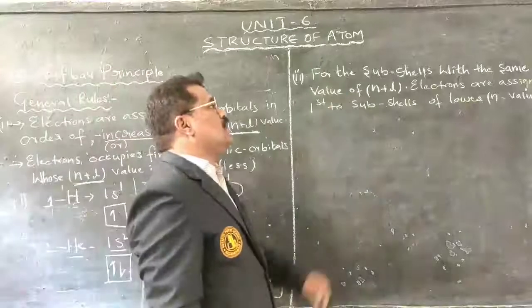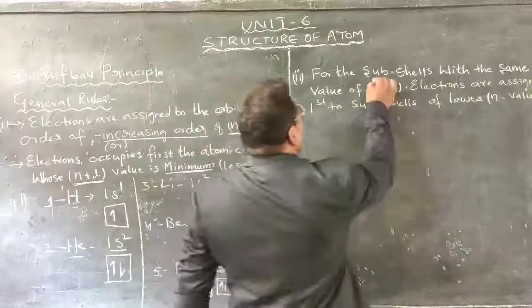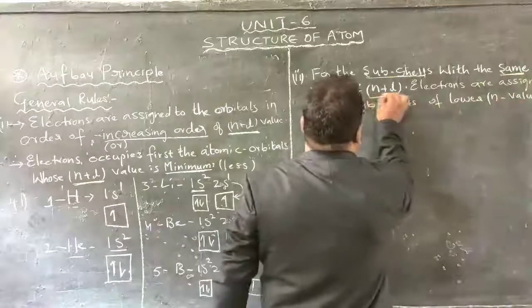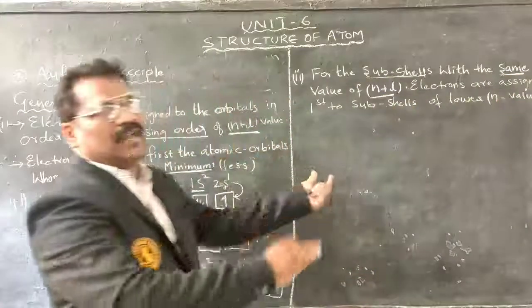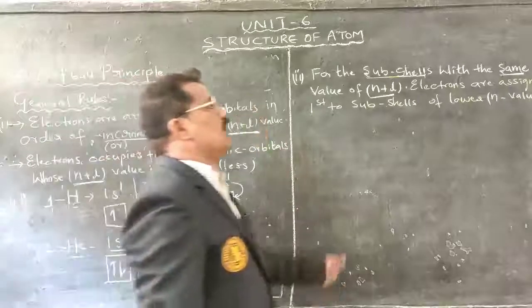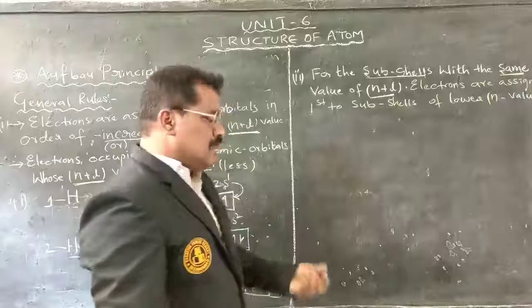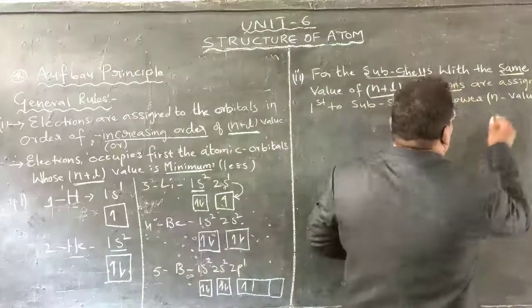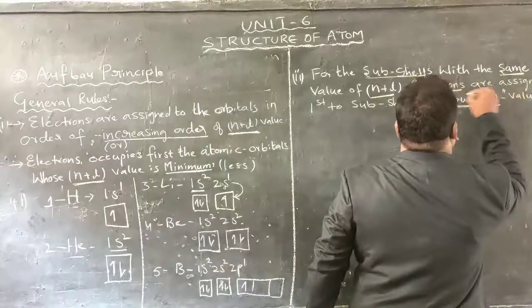Coming to one more rule. What is that rule? If there are subshells having the same value of n plus l, meaning the same energy exists in those two orbitals, then in which orbital will the electron be occupied first? The electron will occupy first the orbital whose n value is lower.